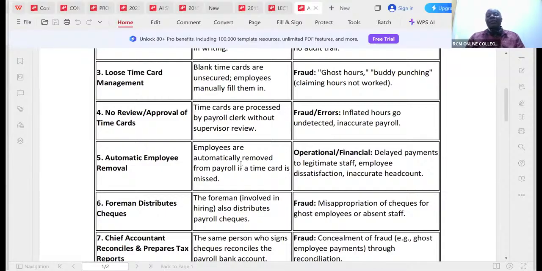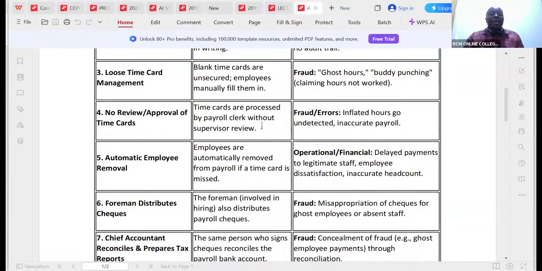Ladies and gentlemen, you can't tell me that simply because I was not able to drop my clock card into that bin, you are now holding on to my salary. Maybe I was sick. So the risk here is that there will be delays in paying legitimate employees, which will lead to demotivation and employee dissatisfaction.